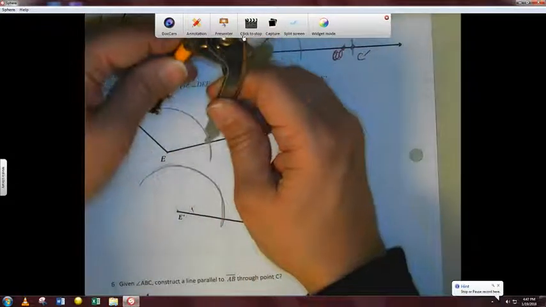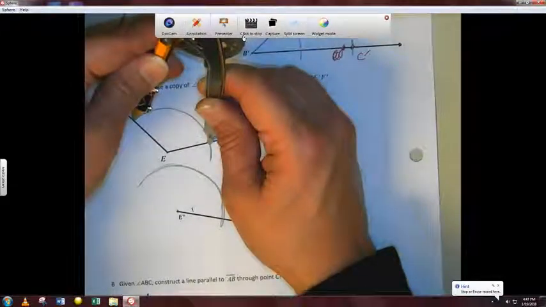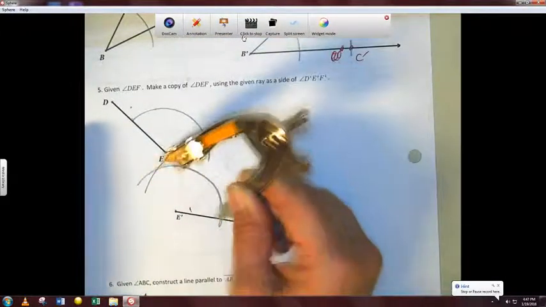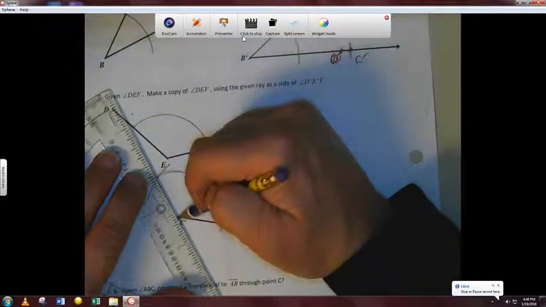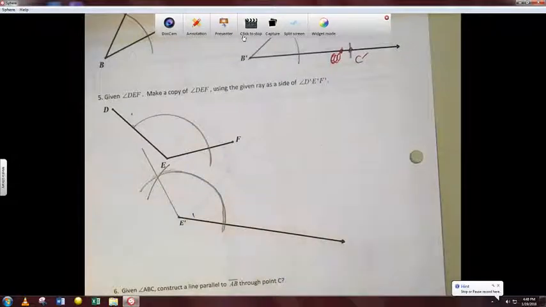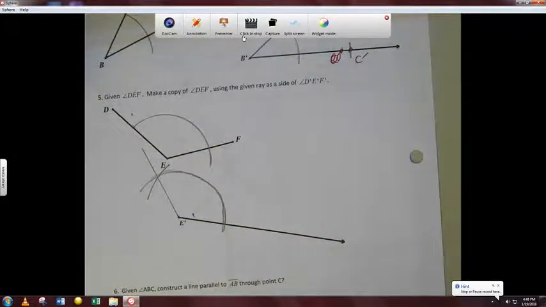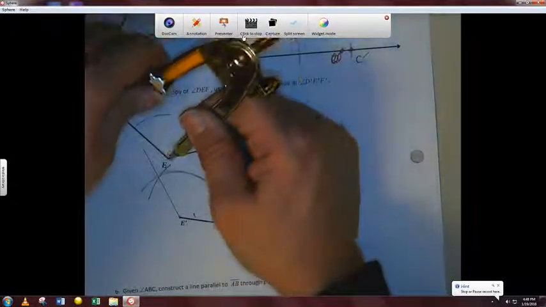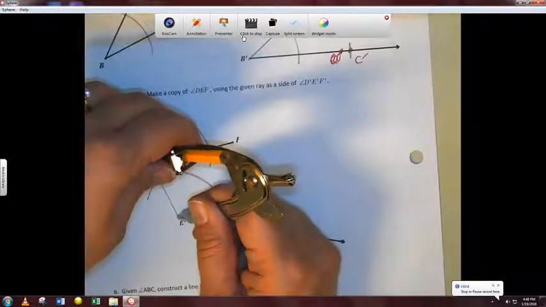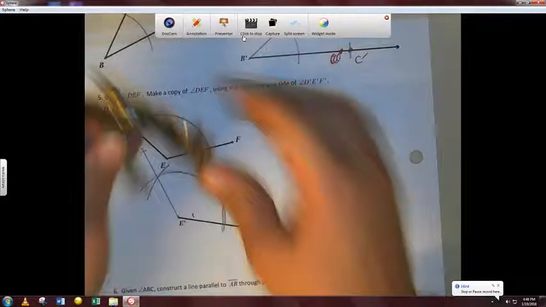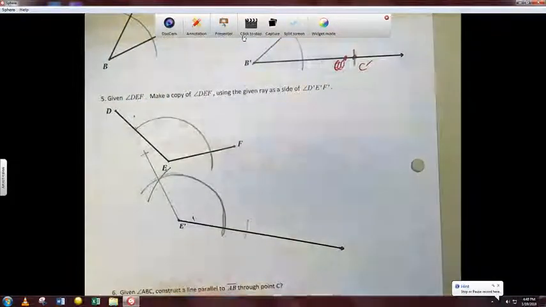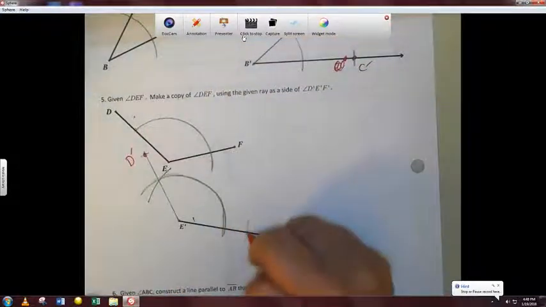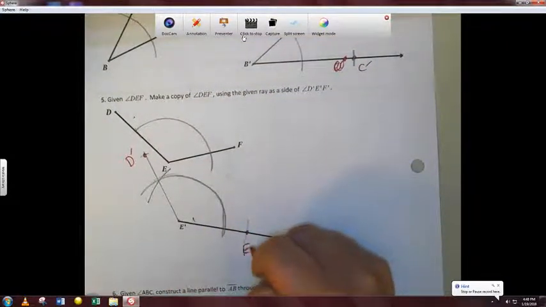Now I measure how wide my angle over here is, and then I swing and find the intersection of those two lengths. Connect, and then this would be D prime, E prime, F prime. So here's D prime, E prime was already given, and here would be F prime.